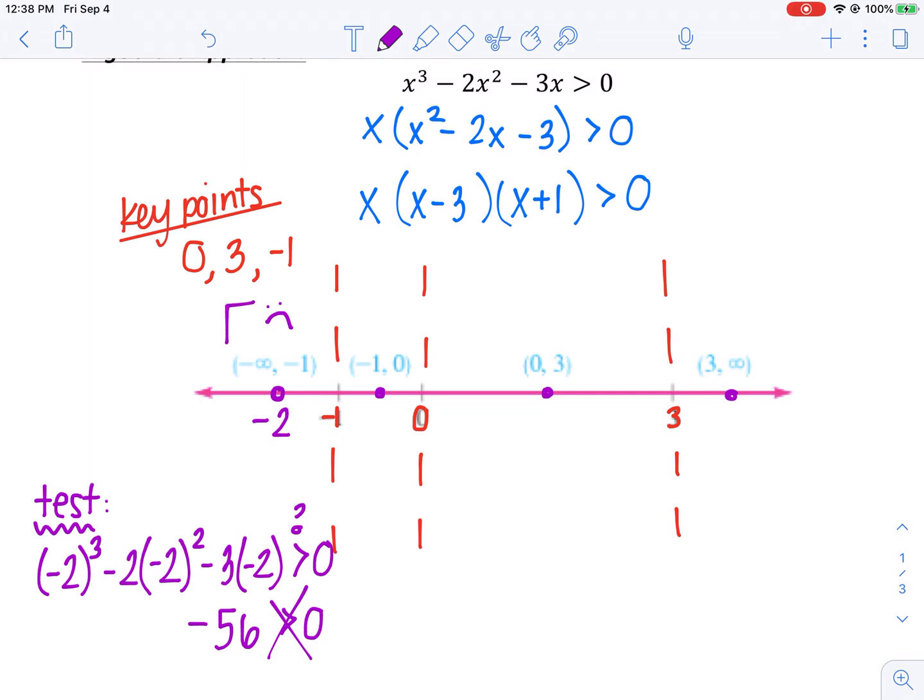Some people like to put F for false, but you tested the first area to see if it's true or false. You can then test the point maybe like -1/2. Plug -1/2 into the original inequality, and you'll see that's actually a true statement.